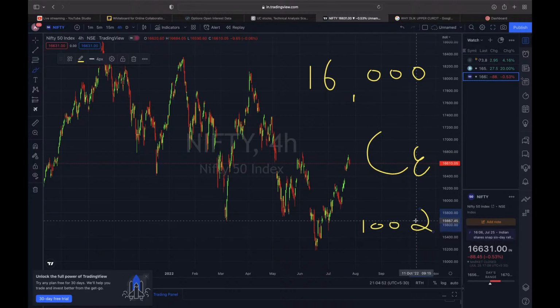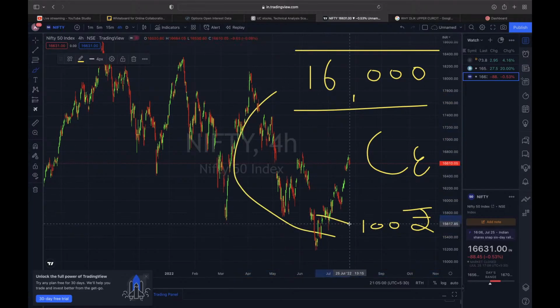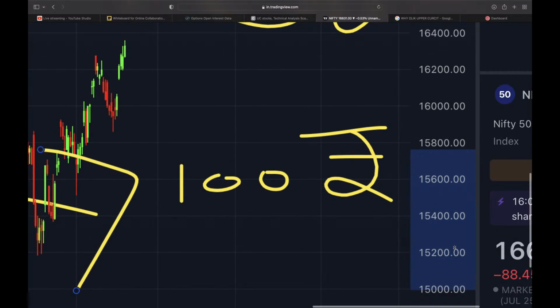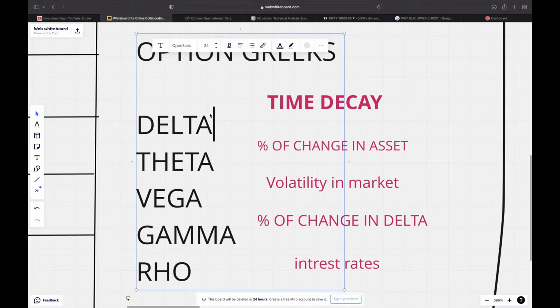Now, if you're buying this 16,000 CE at 100 rupees, how is this 100 rupees of premium formed? This is formed by option Greeks.